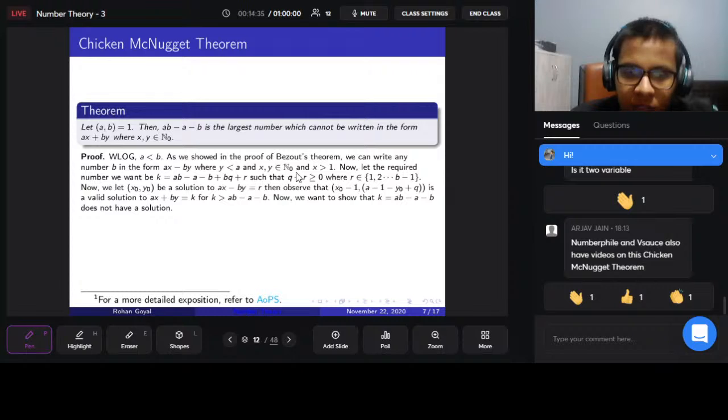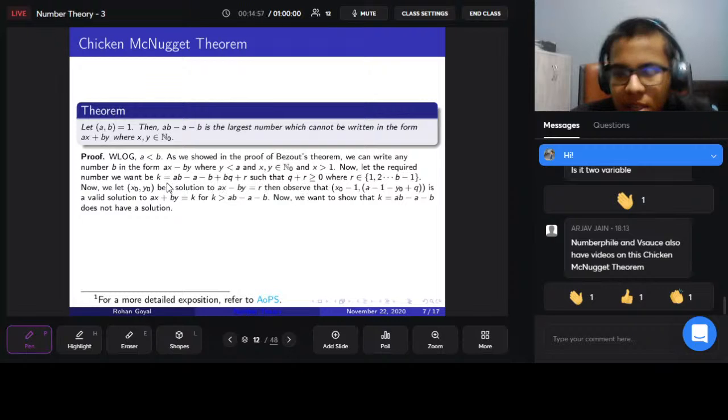So we can now say let the required number be K, where K is AB minus A minus B plus something. The remaining thing we can write as BQ plus R. Now if we write BQ plus R where Q and R are non-negative, at least one of them will have to be greater than 0.